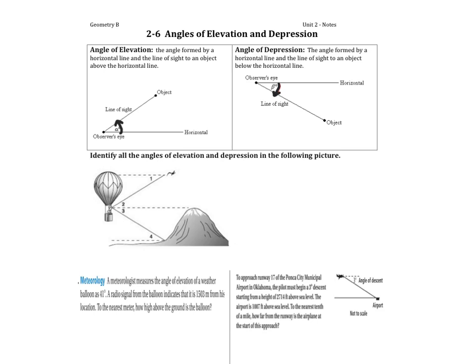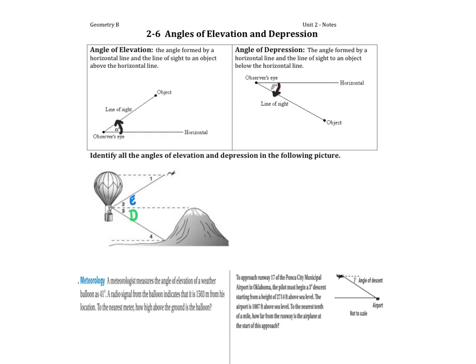So if we look at the first example, and we want to identify all the angles of elevation or depression. If we start with the person in the balloon, if they look up, then they would create angle 2, so this is elevation. If they looked down, then they would form angle 3, and that's depression.